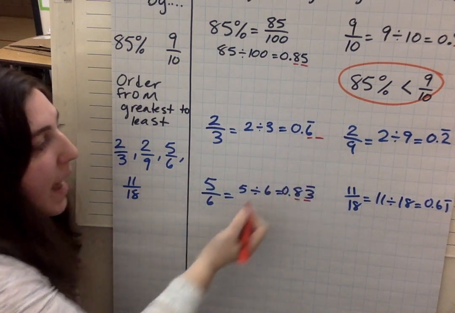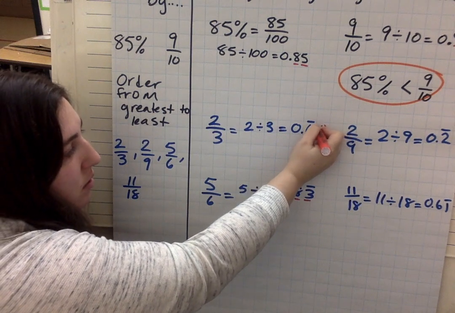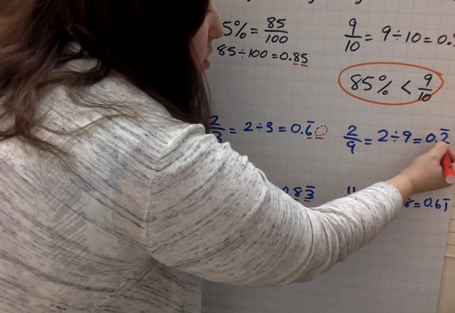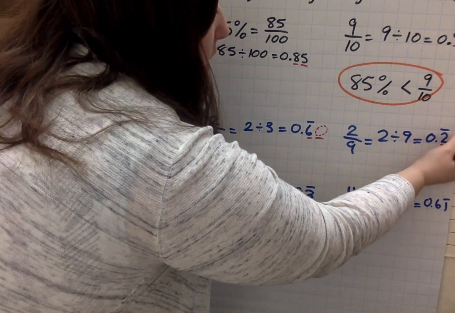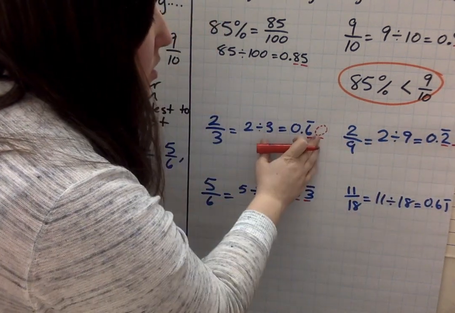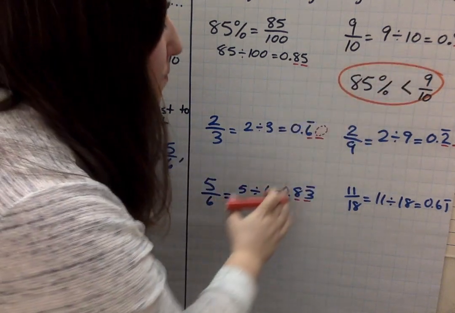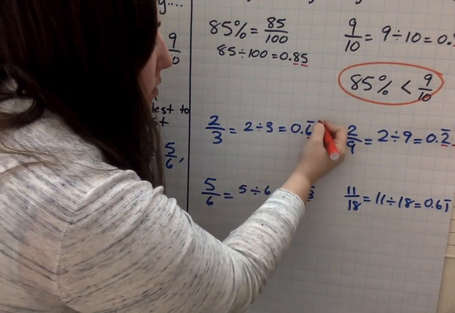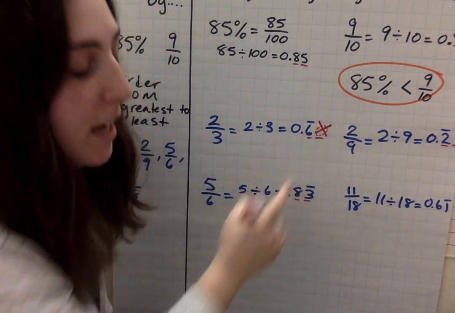So I might need to add a 0. Oh, sorry, you're actually not going to put a 0. I was thinking up here. But since the 6 is repeating, you're going to have another 6. So I'm going to cross that off. My mistake.